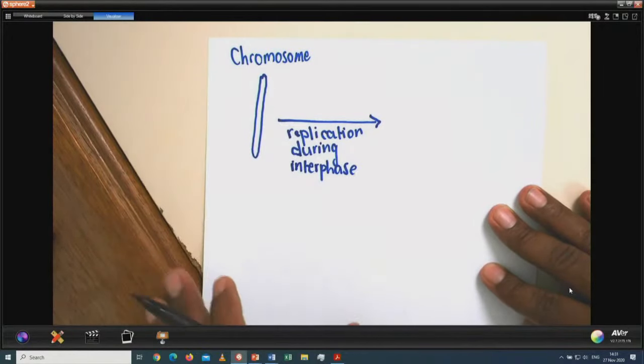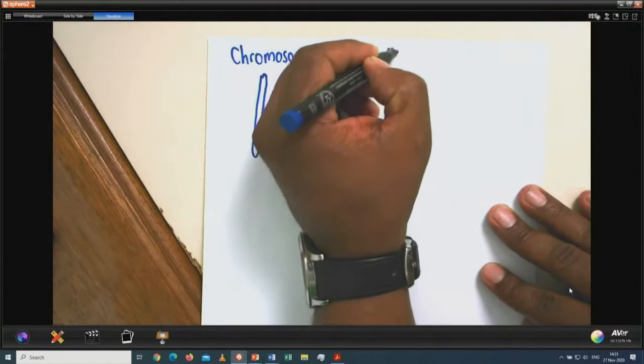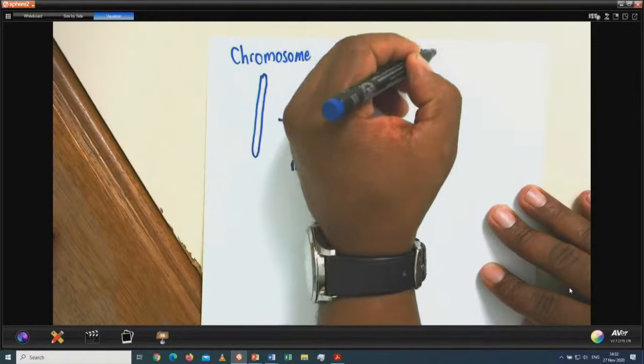Now, if this chromosome undergoes replication, we have a replicated chromosome.